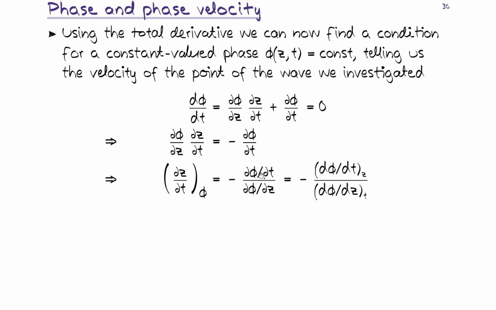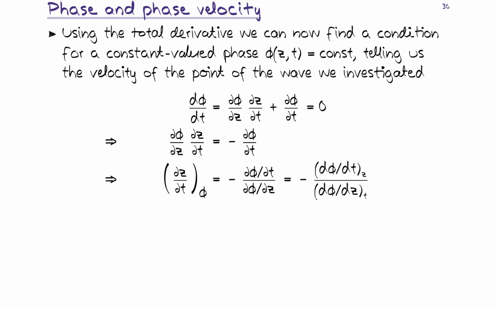So for example, this one here, since this is a function of two variables, I could also describe this partial derivative using the concept of total derivative, but now with the parenthesis notation, I will just clarify that, hey, z is now a constant. And the same thing in here. So I have a partial derivative here over z, and here I'm just doing the same thing using a slightly different notation.